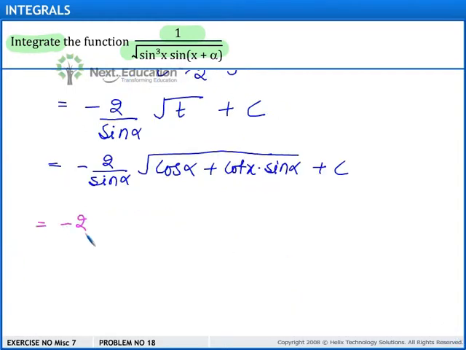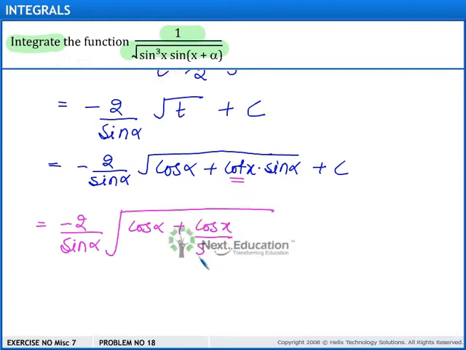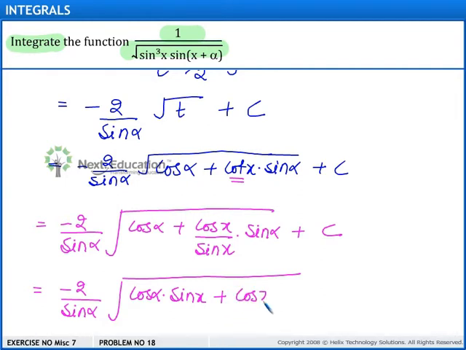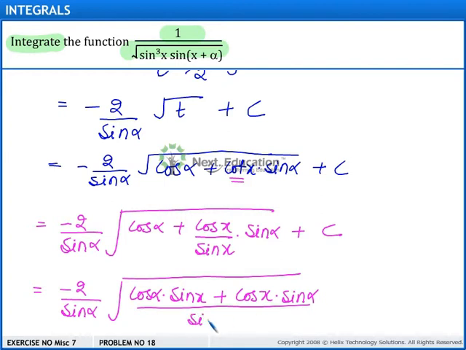This is further equal to minus 2 divided by sine alpha into square root of cos alpha plus cot x is equal to cos x divided by sine x into sine alpha plus the constant. So this is equal to minus 2 upon sine alpha to square root of cos alpha into sin x plus cos x into sin alpha divided by sin x plus the constant.